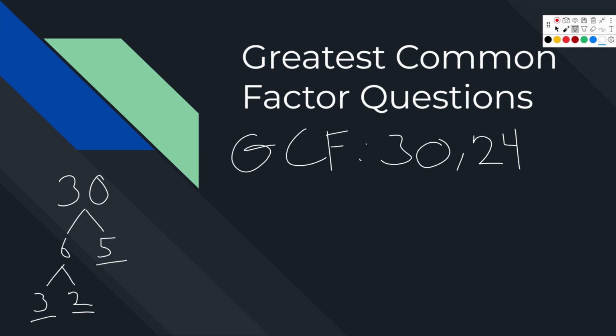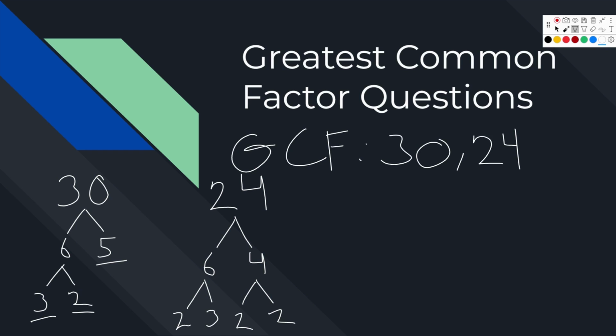Now we're also going to do the same thing for the 24. So we're going to get 6 and 4 as the first factors. We can divide that further, so then we're just going to say 2 and 2 here, and 2 and 3.